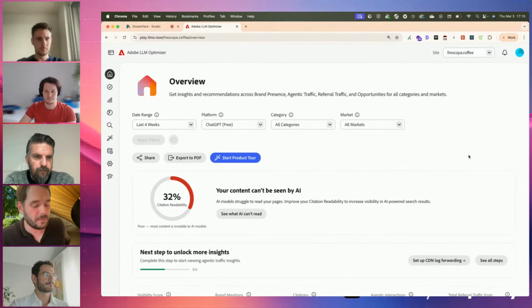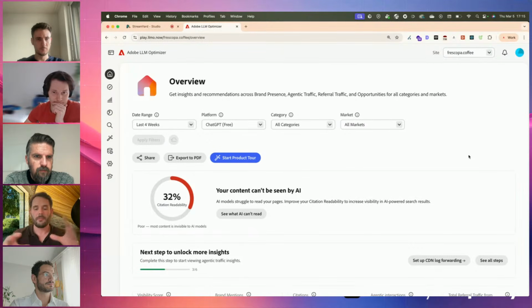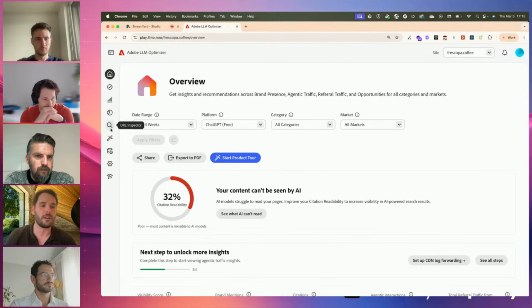Let's start with this page, which more or less encompasses all the capabilities that we currently have. We have a few different views we will go over in the next minutes together. The first thing that you might see is that big box, which says 32% citation readability. Your content can be seen by AI.